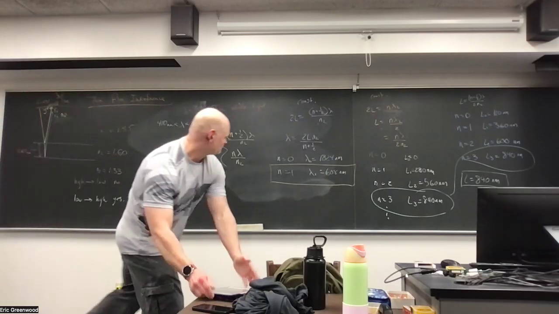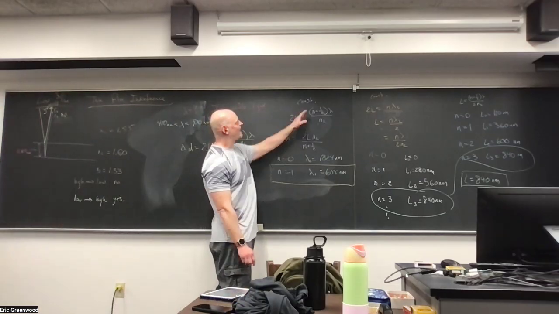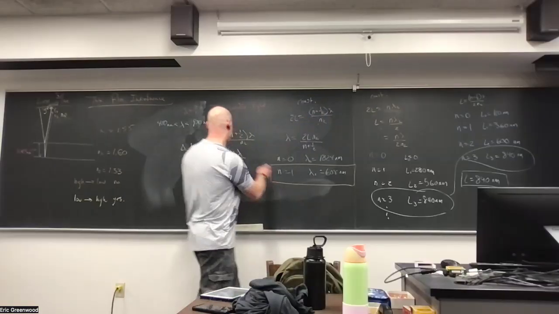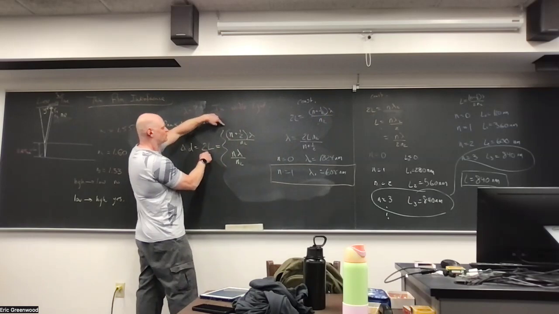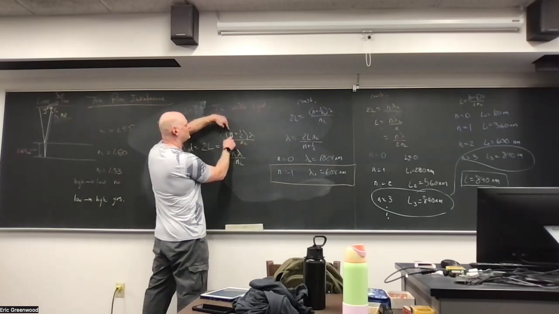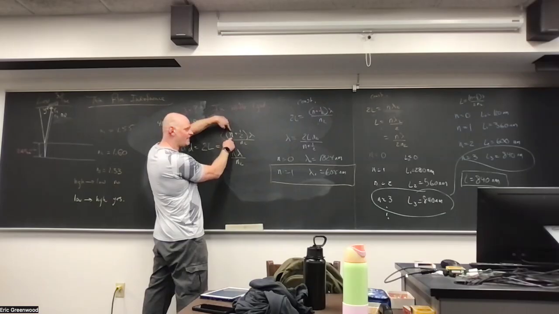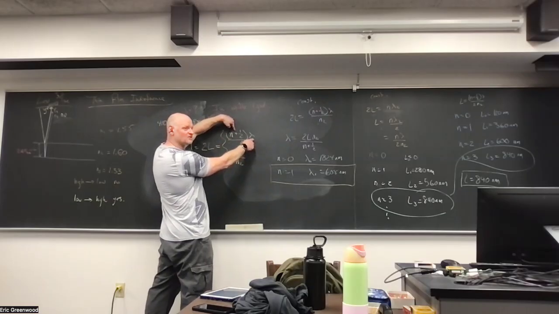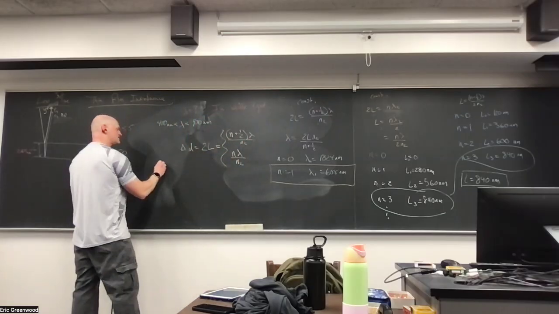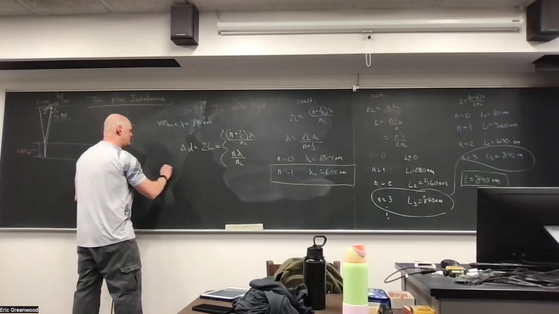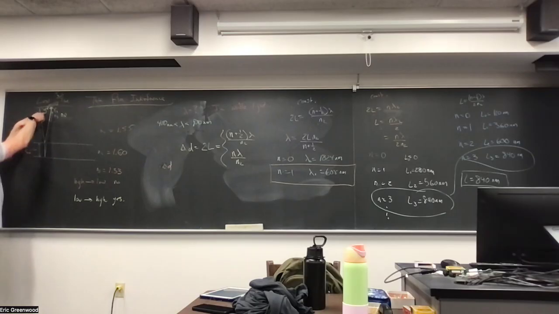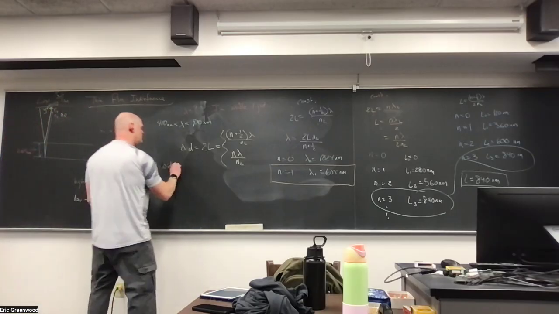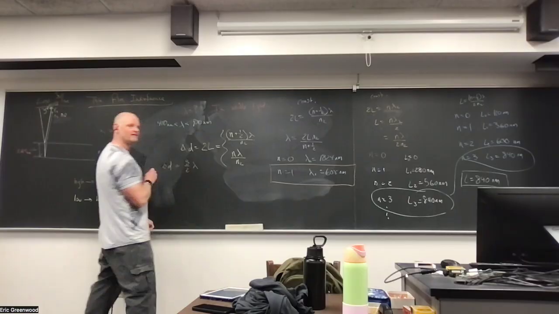Oh, because in this case, again, I have to shift my wavelength because of my path length difference here. So this means that the distance that the one traveled versus the other one would be 1 plus a half, which is 3 halves, times the wavelength. So the path length difference in this case, delta D, which means the distance that ray 2 traveled versus the distance that ray 1 traveled, would be exactly 3 halves of the wavelength.